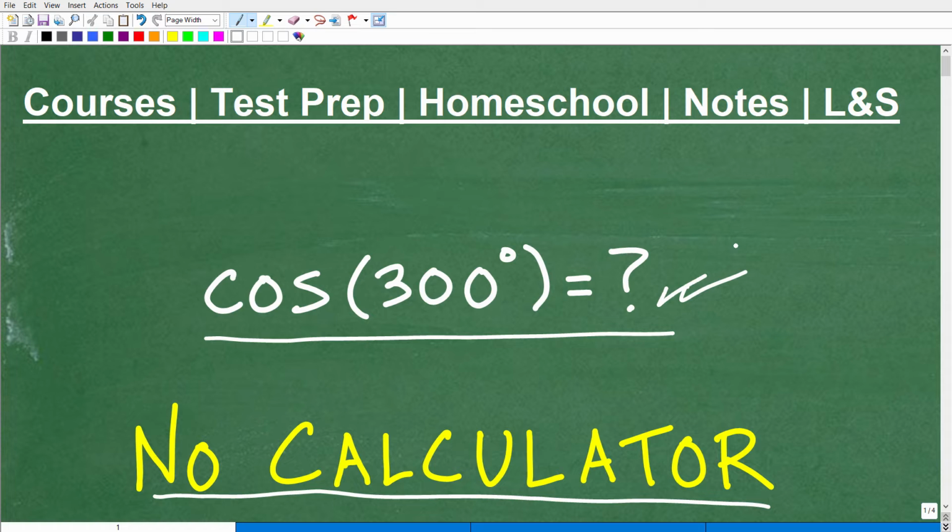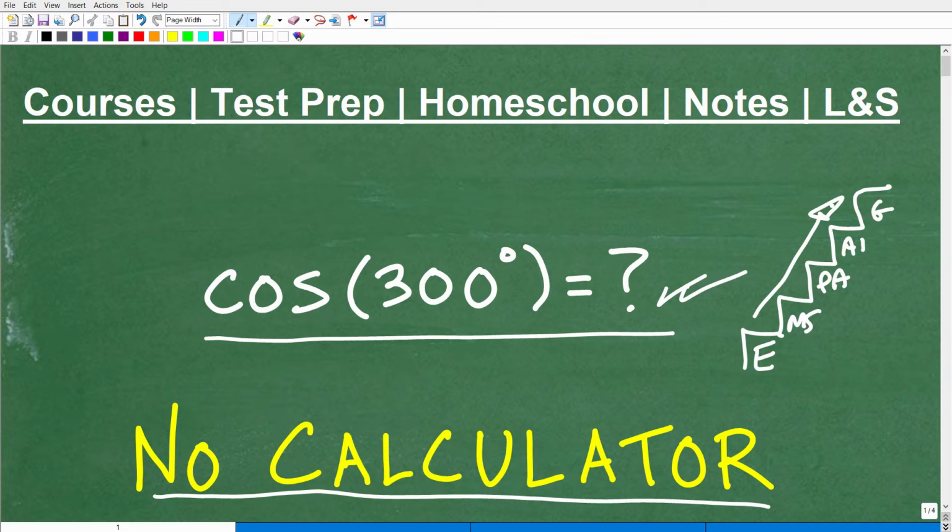Now, if you are at this particular level of math, a lot more students tend to struggle, and it's kind of normal. Math is kind of like climbing some stairs, right? Let's say you were super good in elementary school, then in middle school math you were great, and then you took up pre-algebra or algebra 1 and geometry. The more advanced the math you're taking, the more challenging it's just naturally going to get.